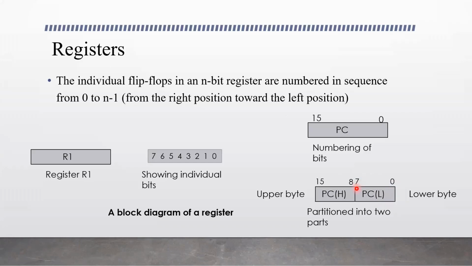And from 8 to 15, these numbered bits are called PC higher order bits, the higher order bits of PC. Or you can also refer to them as the lower byte and upper byte of PC. If you mention PC of H, it means the most significant half of the register, and PC of L refers to the lower byte, the least significant half of the program counter register.